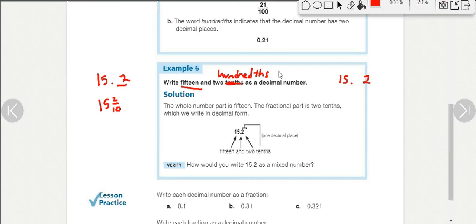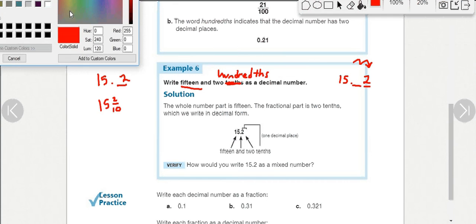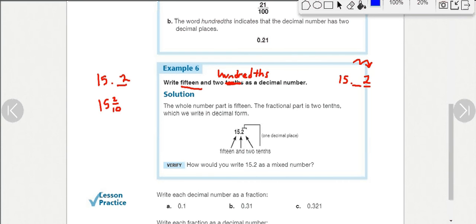Now hundredths is the 1, 2, second place to the right, which means I need something here. What do I fill it in with? Any idea? That's actually a placeholder 0. Good for you? I hope so. Let's try. These aren't too terribly difficult, I would hope.